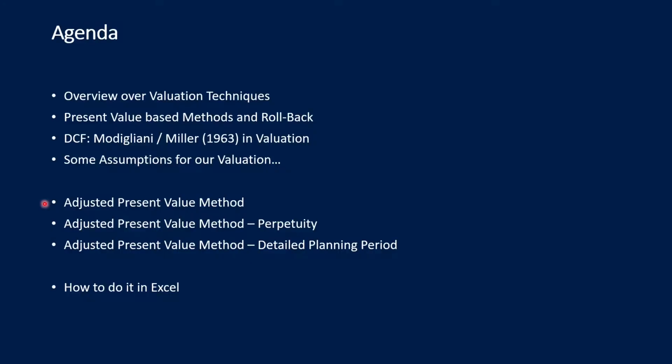Then we go deeper into the adjusted present value method, first into the perpetuity and then rolling backwards the detailed planning period. And of course we're going to implement all that in Microsoft Excel.